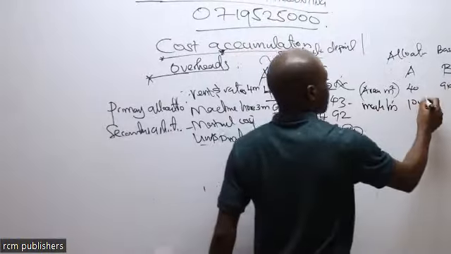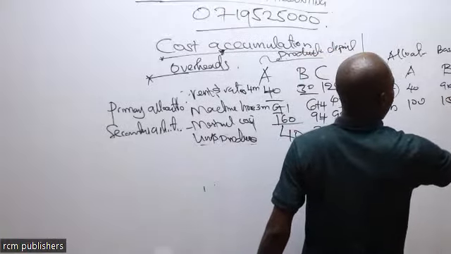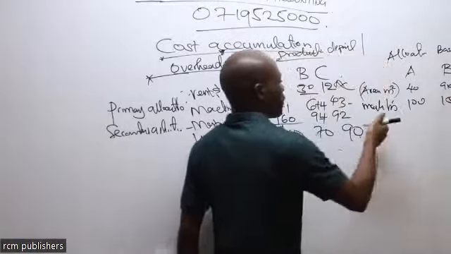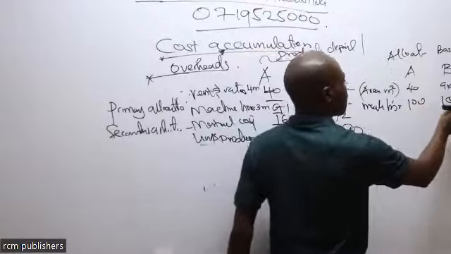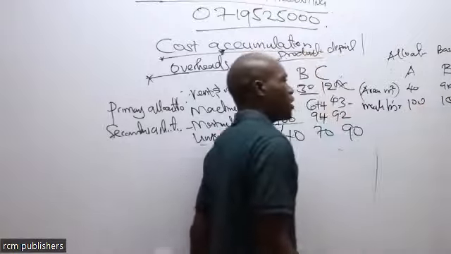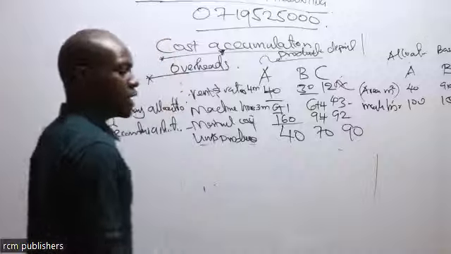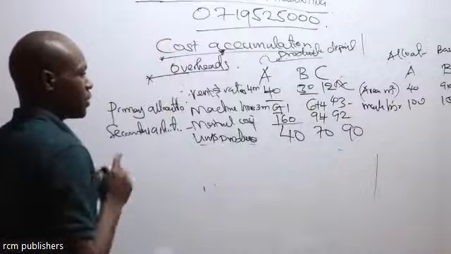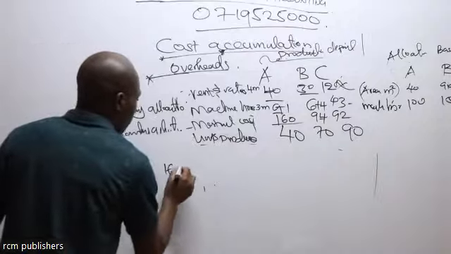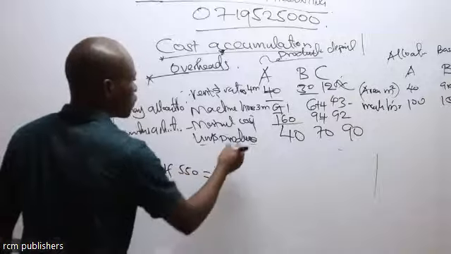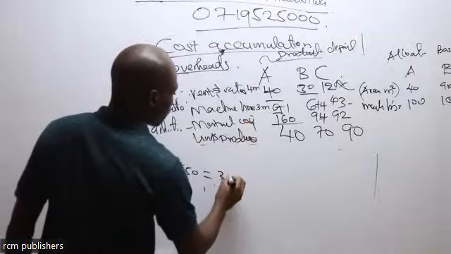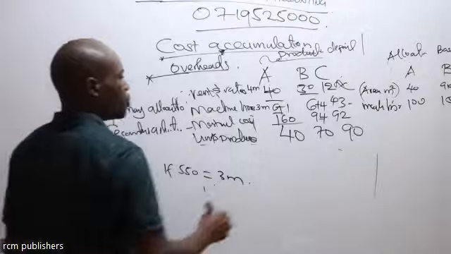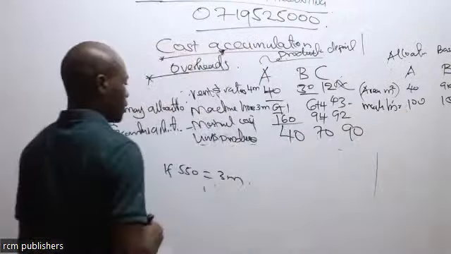So I have 100, 150, 300. So I come here and ask myself, the machine hours, I have 100 plus 150 plus 300 will give me what we call 550. So you now come and ask yourself, if 550 is equal to the total, which is 3 million, what will I have for 100 hours?